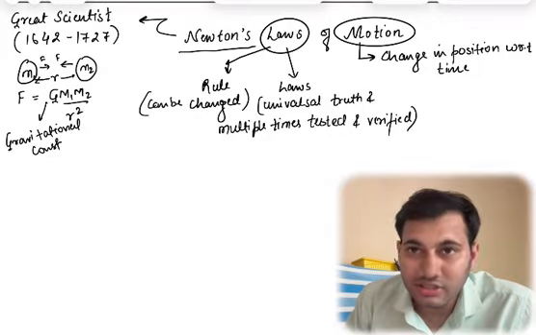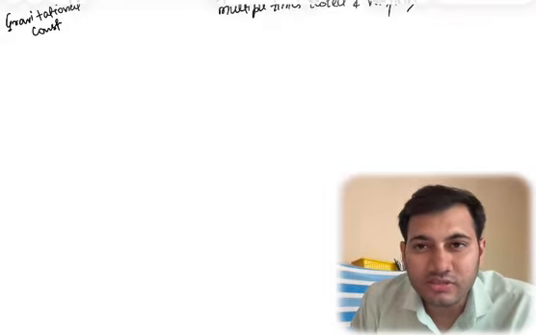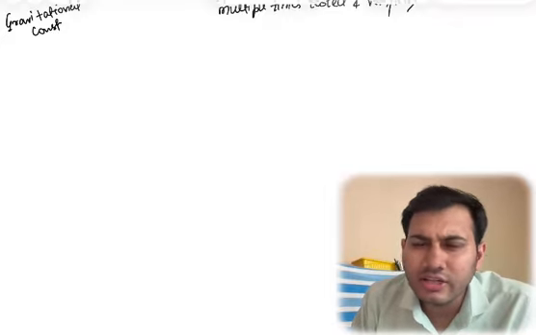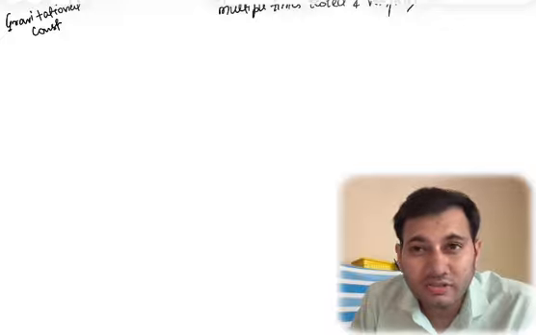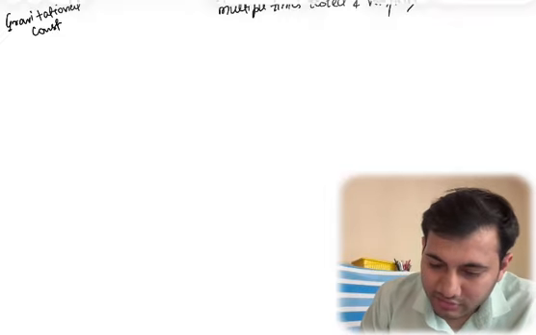Now let's go deeper into this chapter. So to understand motion, the first person who came into the picture was Aristotle, in around 384 BC. And whatever his thought was, today we study his thought as Aristotle's fallacy. Let me write it over here.